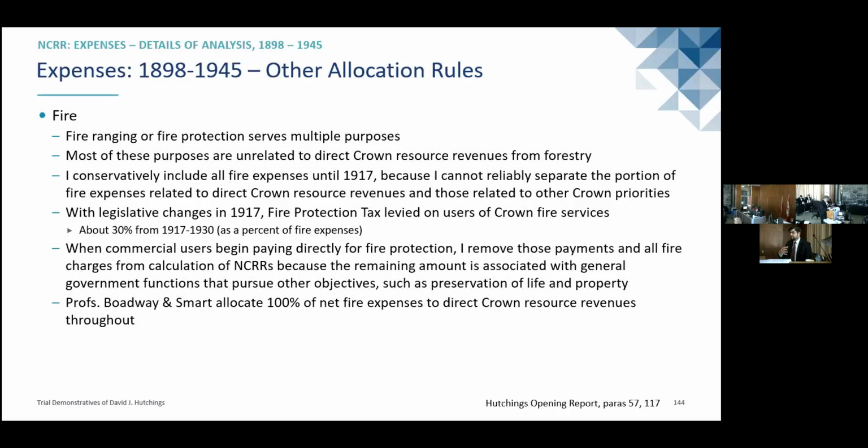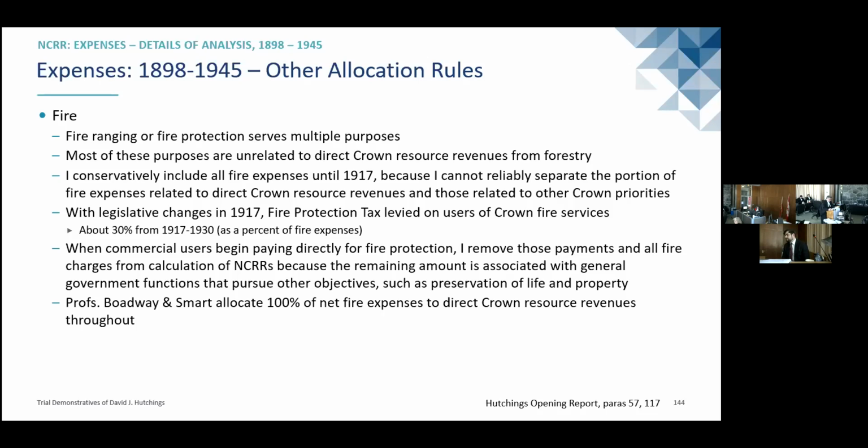There's many things beyond direct crown resource revenues. Even if we wanted to limit ourselves to just the benefits from the commercial forestry, there are indirect tax revenues and other benefits that come. Okay. So I include all fire expenses until 1917 because I cannot reliably apportion the fire expenses between those different buckets, if you will.